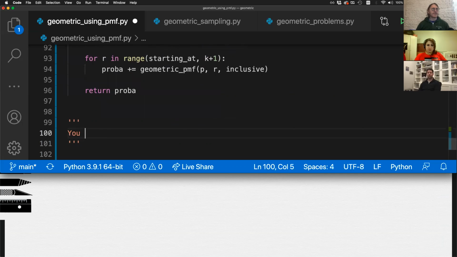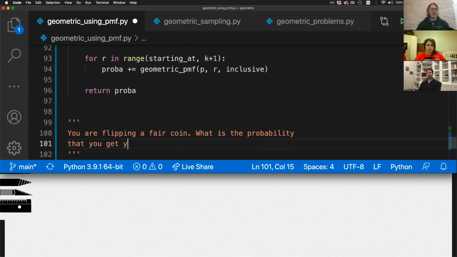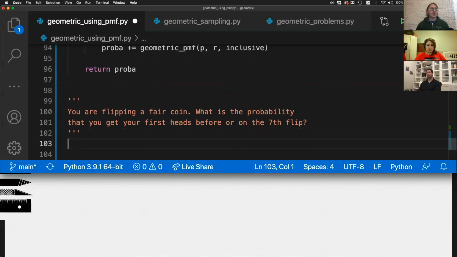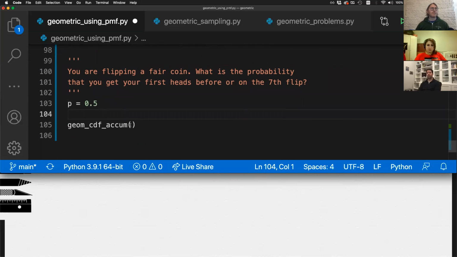So let's say you are flipping a fair coin. What is the probability that you get your first heads before or on the 7th flip? Okay. Well, if we want to use the CDF accumulator above, our probability is 0.5. Fair coin flip, right? And our value, well, how about this?